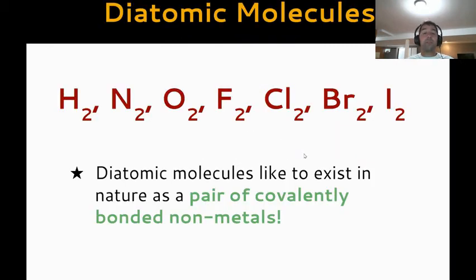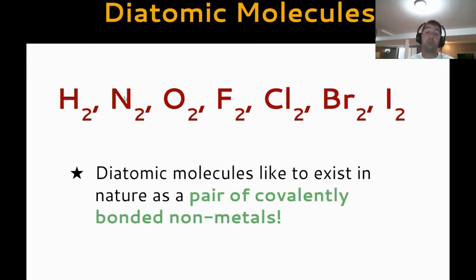Now, these are the different diatomic molecules. As you notice, all of them have a 2 subscript next to their symbol. So H is hydrogen, N is nitrogen, O is oxygen, F is fluorine, Cl is chlorine, Br is bromine, and I is iodine. So each one of these is considered a molecule because this one is made of 2 hydrogens bonded together.